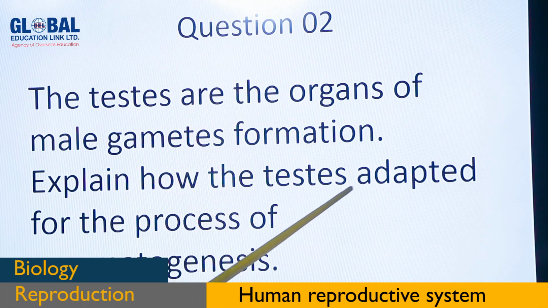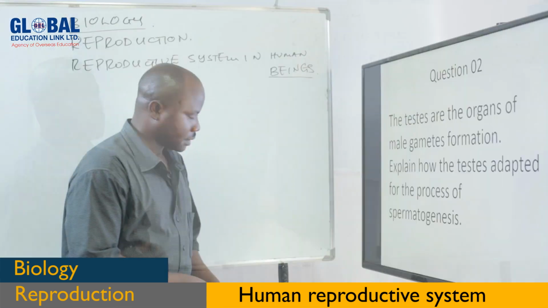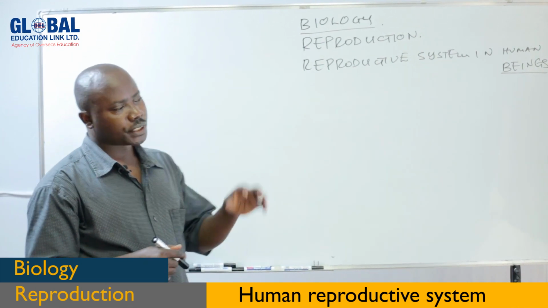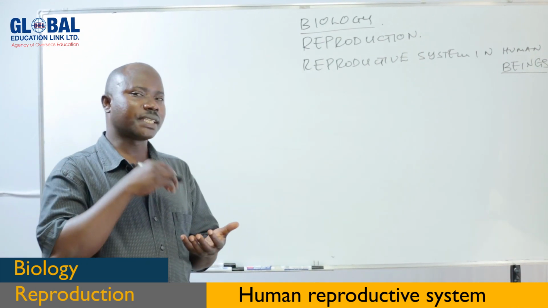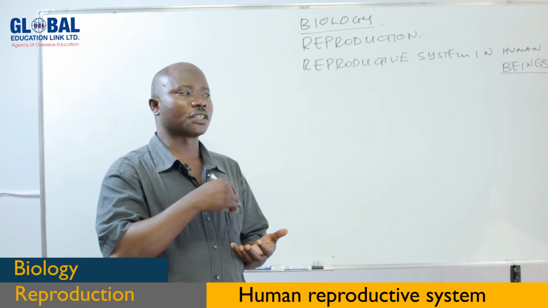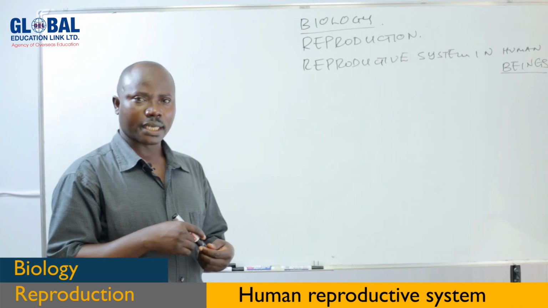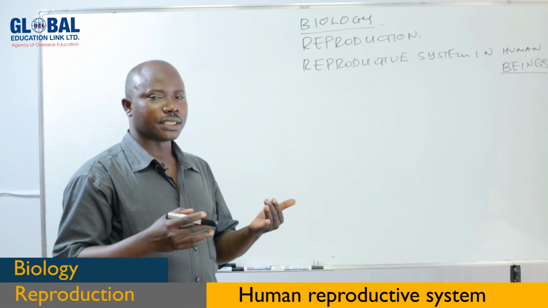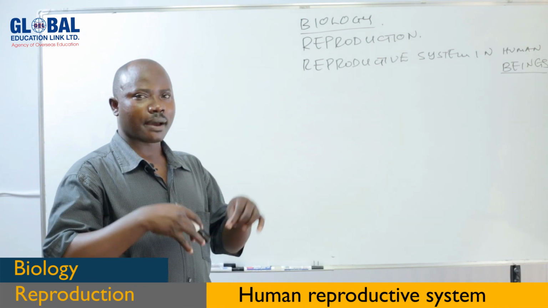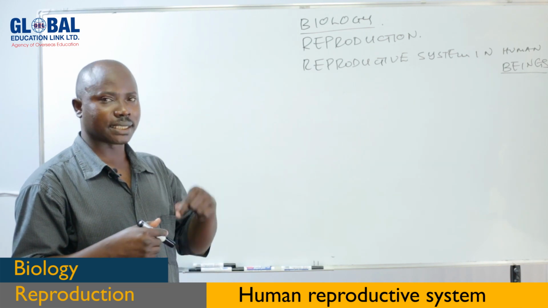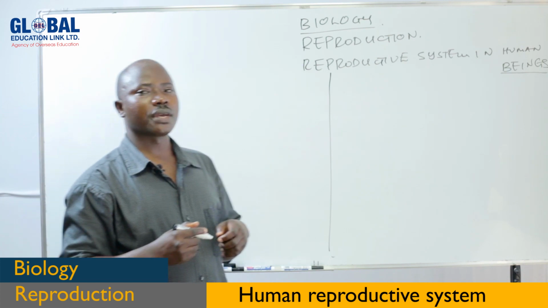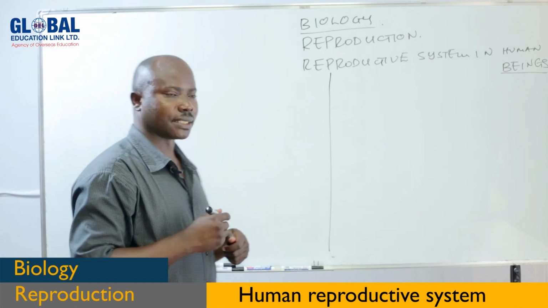Explain how the testes are adapted for the process of gametogenesis. Good. This question wants you to explain how the testis is adapted for gametogenesis, and therefore what you are supposed to do here is to examine the inner parts of the testis itself, so that you can answer this question correctly.